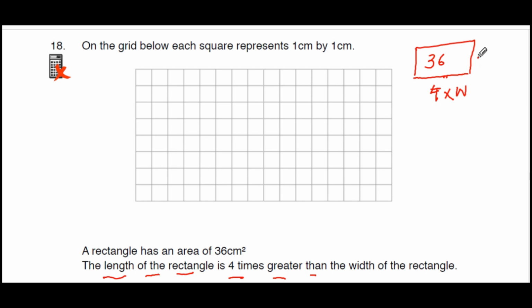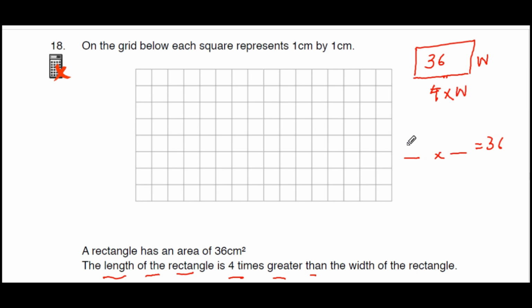So whatever the width is, the length will be 4 times the width. Now we know that the area is 36 centimeters squared, right? We need width and length. So let's choose a number.